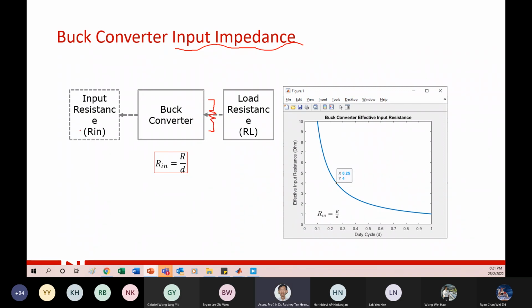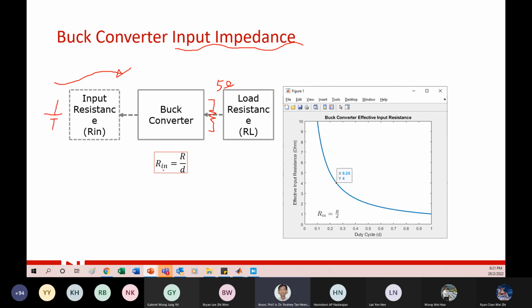The input resistance means what the DC source sees looking into the buck converter. Let's say in our example we have a 5 ohm load here. You would think your source should see 5 ohm, right? But in a buck converter or DC converter, it actually depends on your duty cycle.